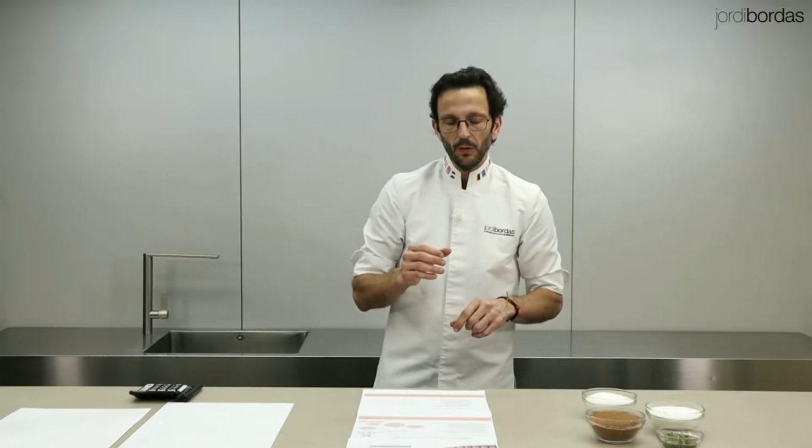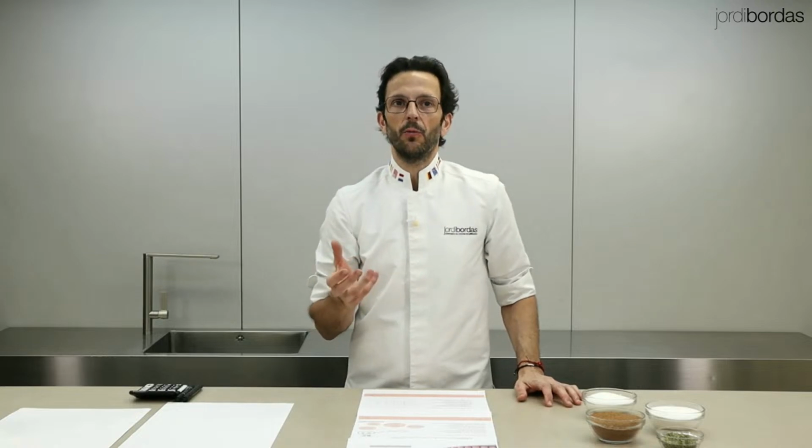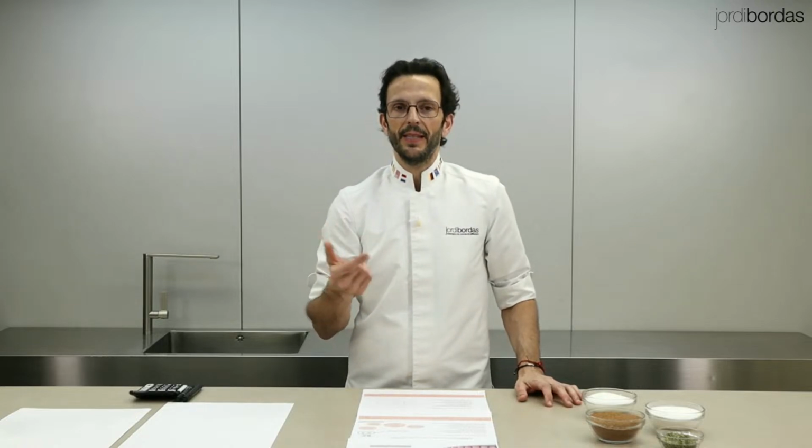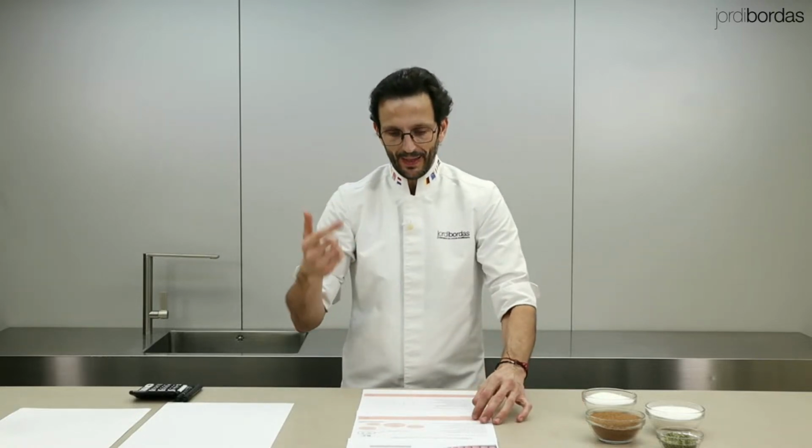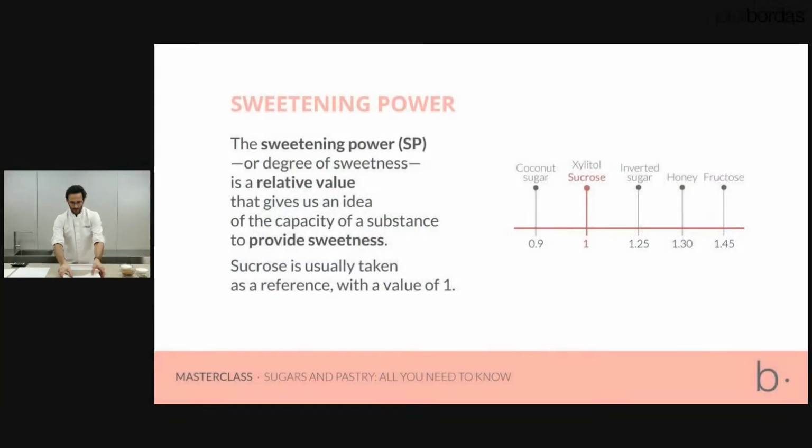Let's go now to explain the sweetening capacity of the sugars. Let's go to the next part of the presentation. Here we have the sweetening power, SP, or degree of sweetness. This is the sensation of sweetness that we have in our mouth when we taste a sugar.